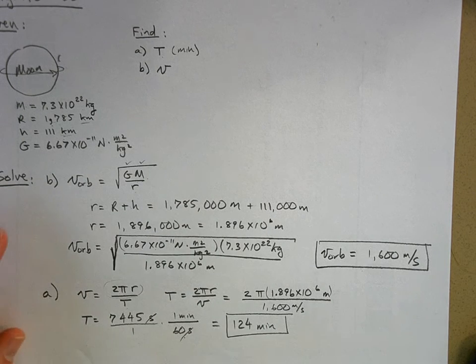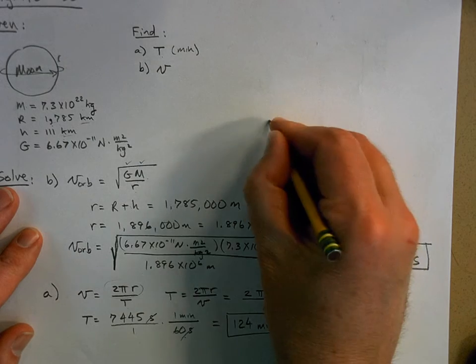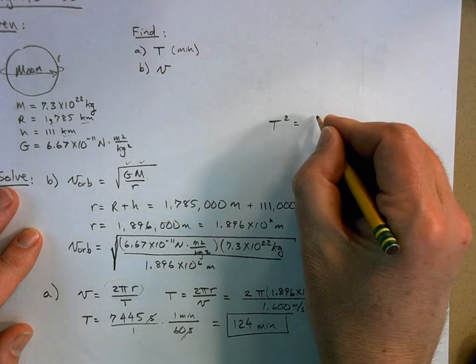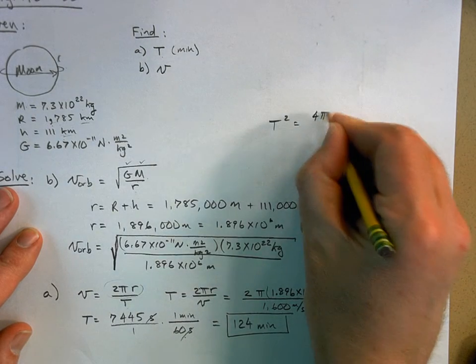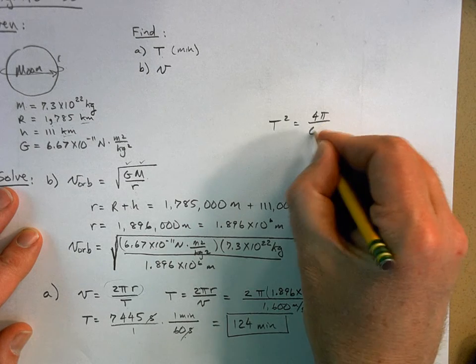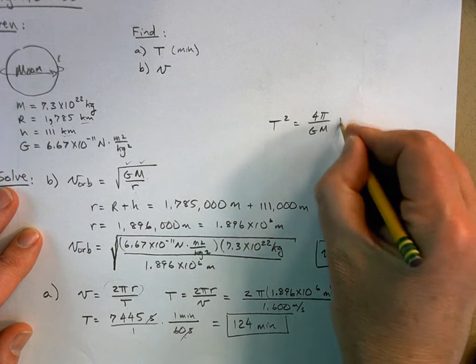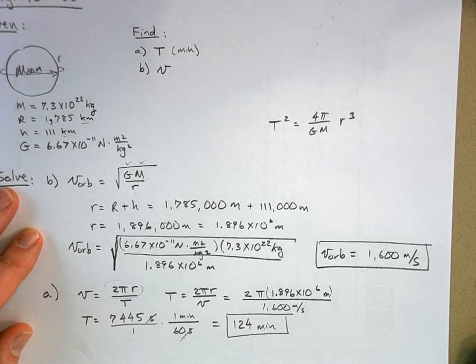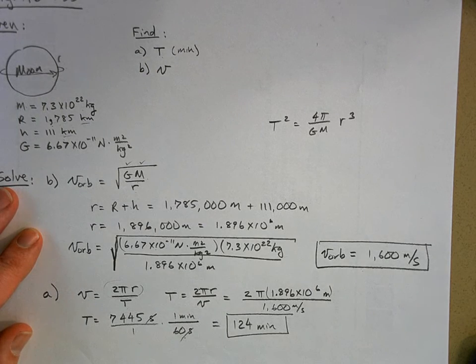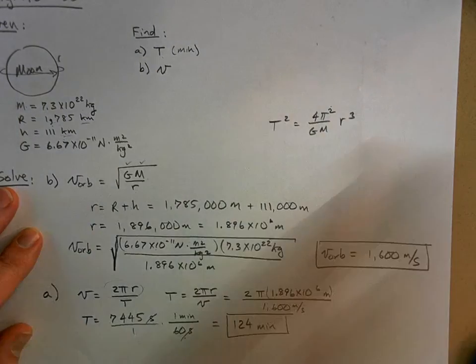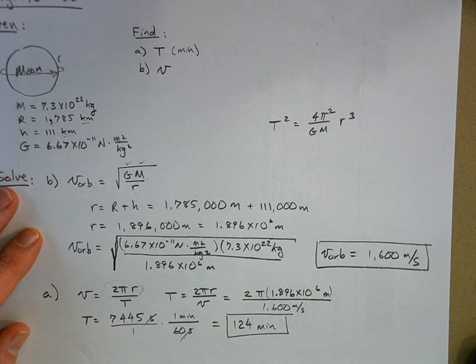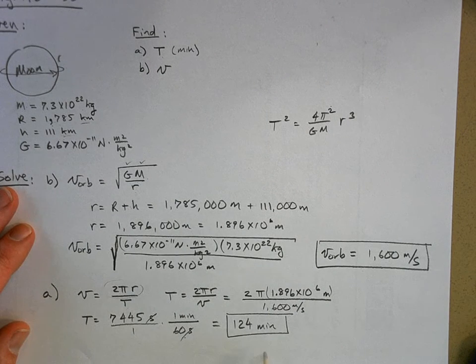For part A, you could have used, what is that equation? T squared equals 4 pi squared over GM times the radius cubed. And this will work, and you'll get the same answer.